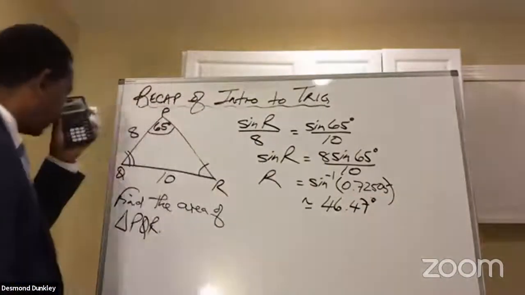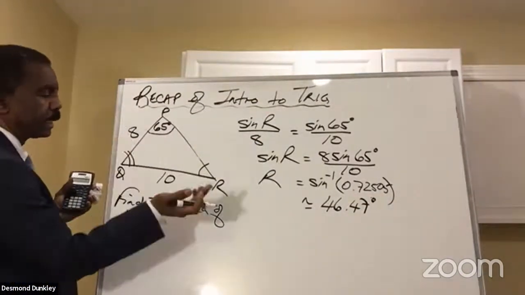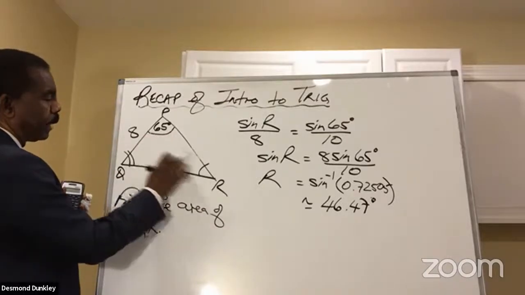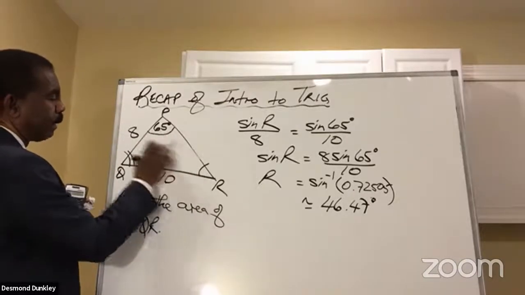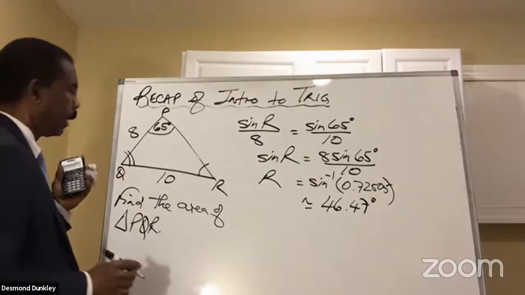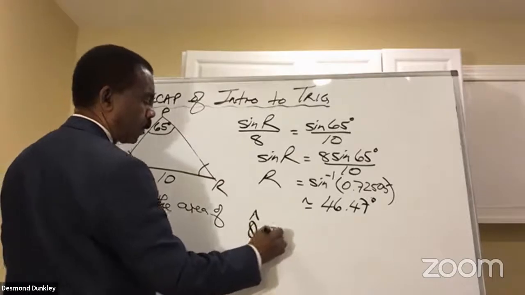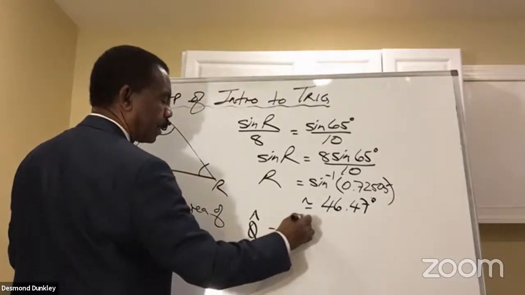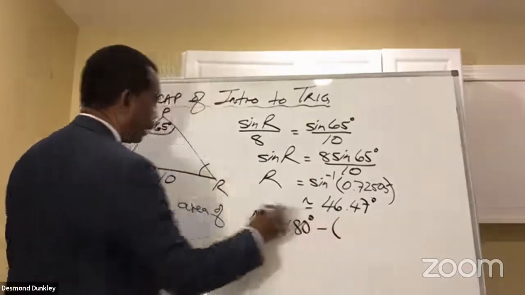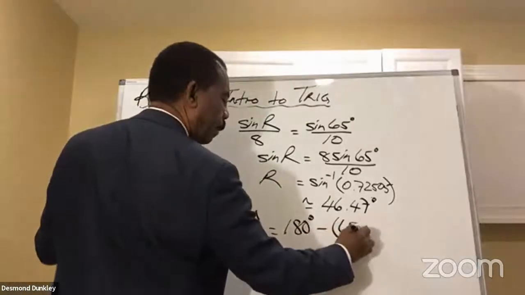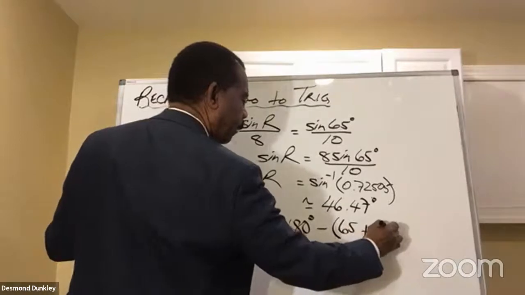So now that we know this is 46.47, which makes sense. This is 65 and this is 10, so this angle has to be less than 65 because this is 8. Okay? So angle Q is going to be equal to 180 degrees minus these two angles here, 65 plus 46.47.